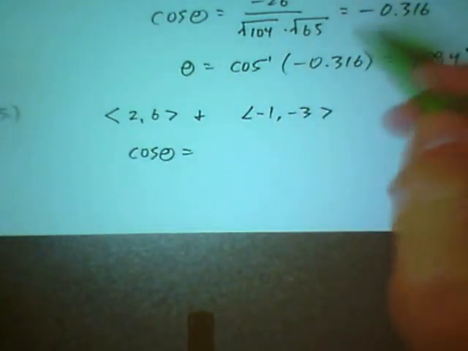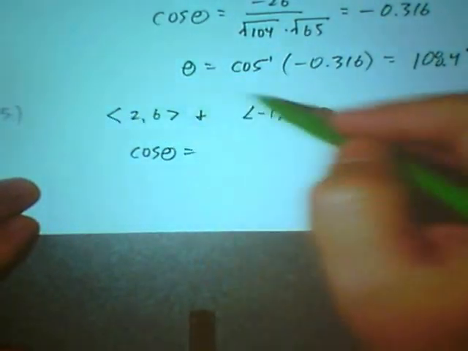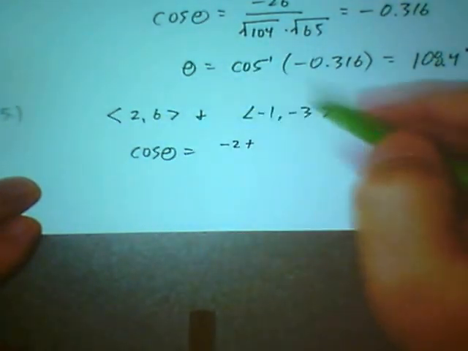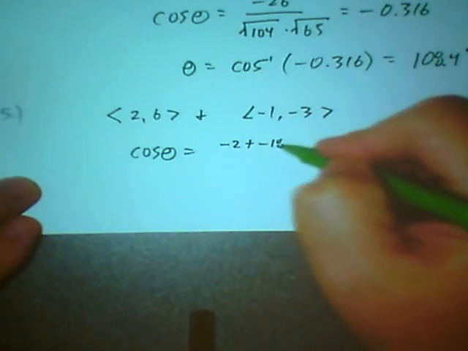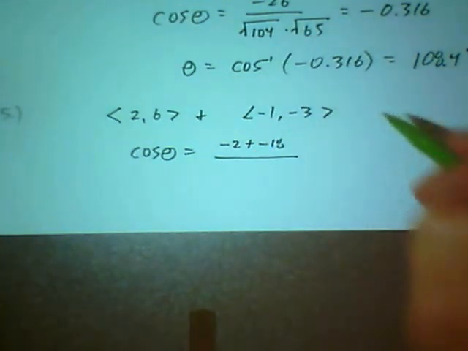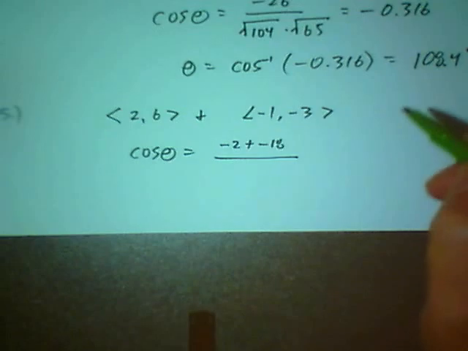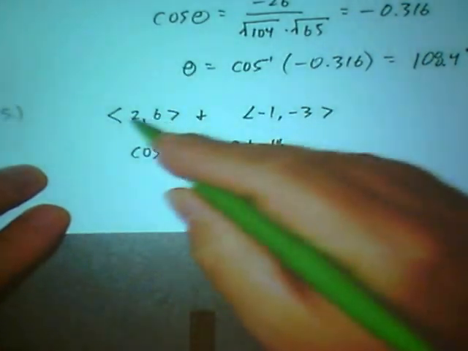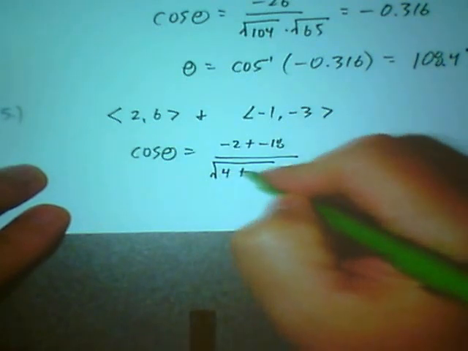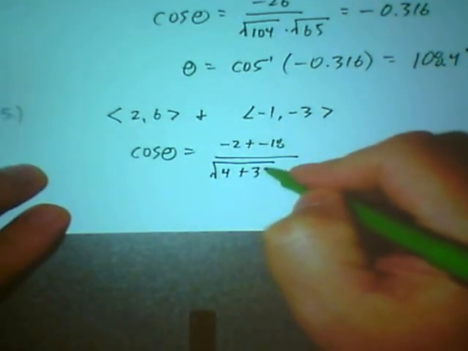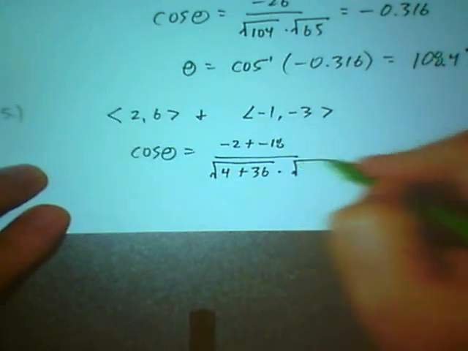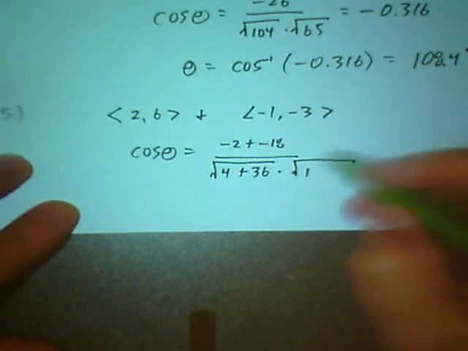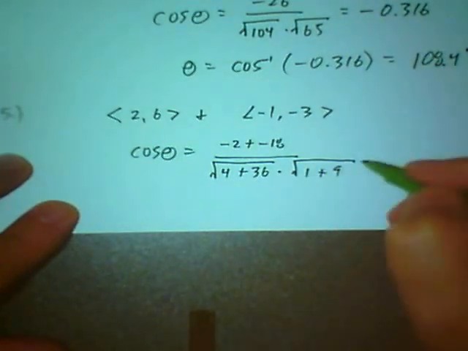The dot product is at the top, so 2 times -1, 6 times -3. And then in the bottom are the magnitudes. This first vector, 2 squared is 4, 6 squared is 36. For the second vector, negative 1 squared is 1, negative 3 squared is 9.